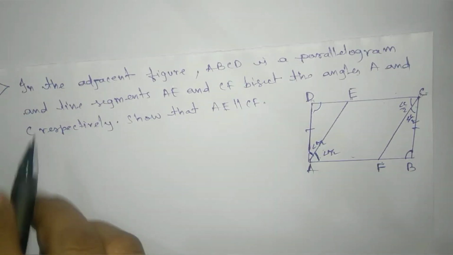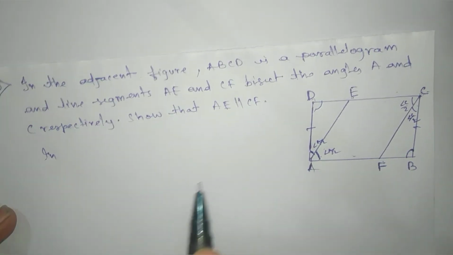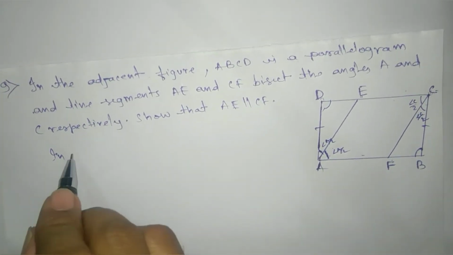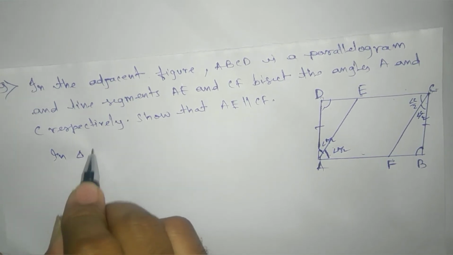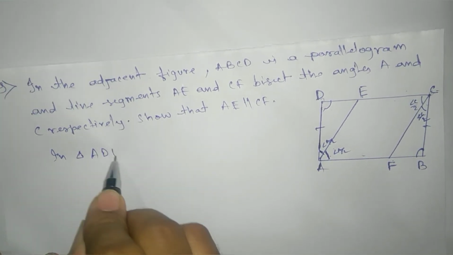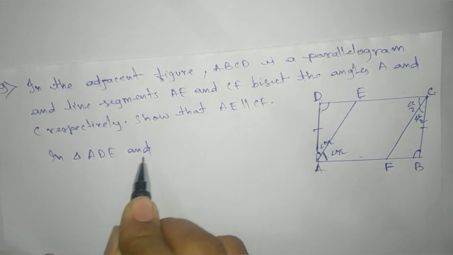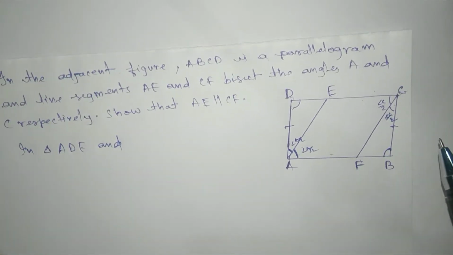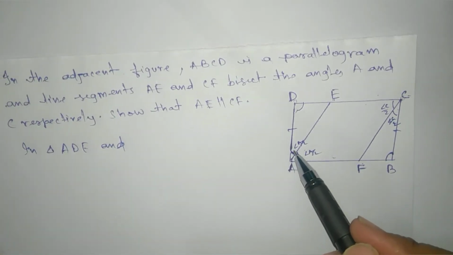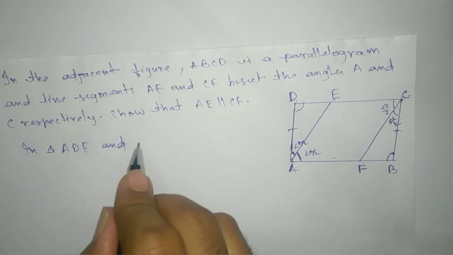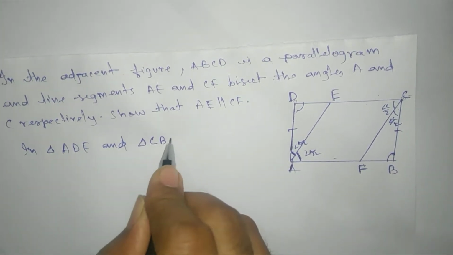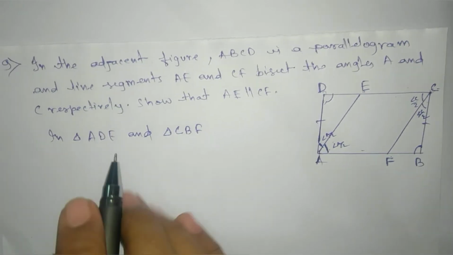In triangles, we're going to try to prove congruence. Which ones? Triangle ADE and, as you can see that A corresponds to C, triangle CBF. It's a very important order.